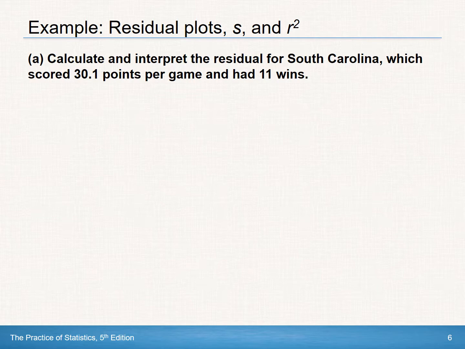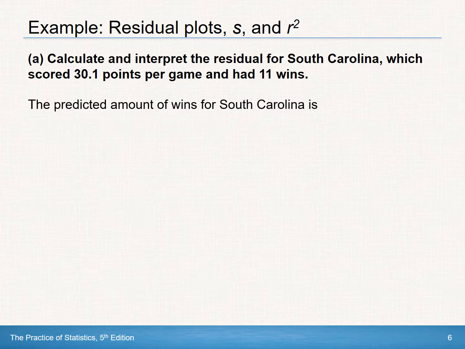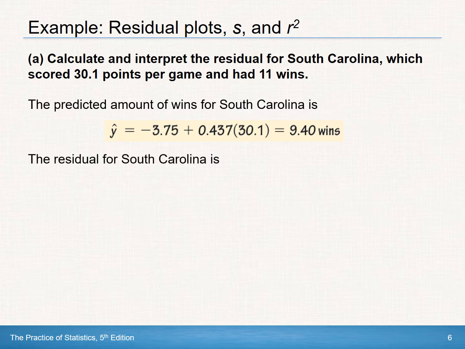So, part A, calculate and interpret the residual for South Carolina, which scored 30.1 points per game and had 11 wins. If you take the predicted number of wins for South Carolina, we would take our y hat equation and substitute 30.1 in for X, the points per game, and we get 9.40 wins. That's our predicted number of wins for South Carolina.